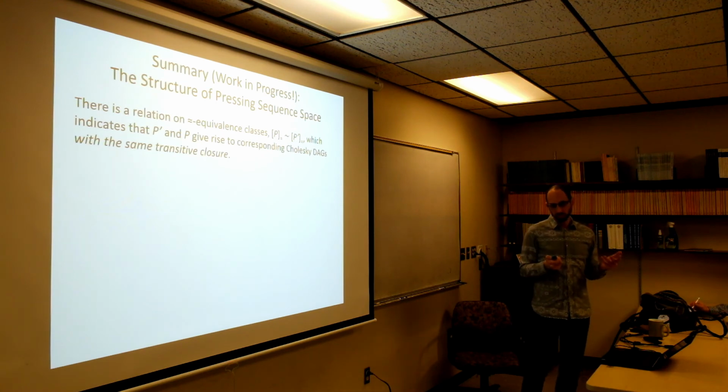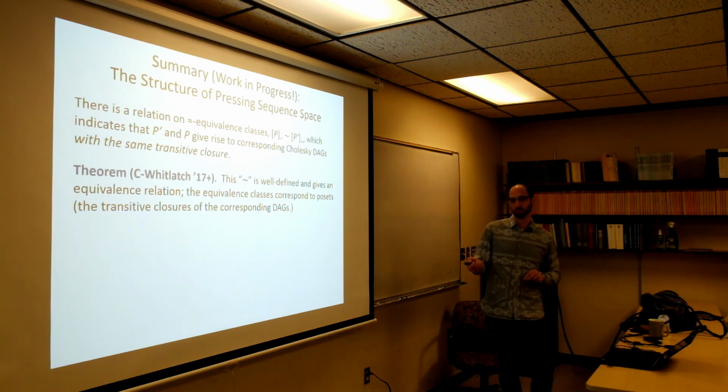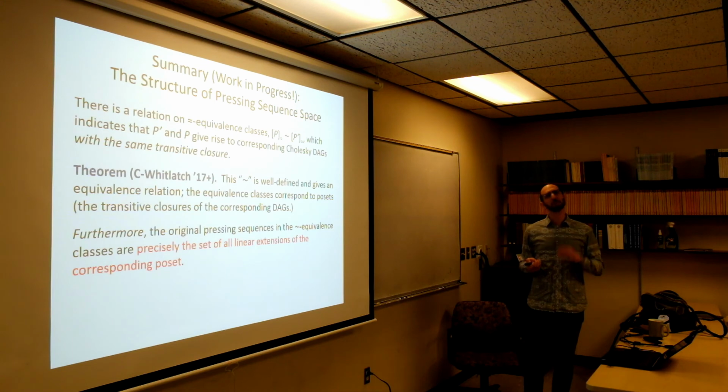Of course, two DAGs that have the same transitive closure, you just think of it as corresponding to the same poset. So really, these equivalence classes, which are well defined, are posets. They're posets that index these piles of pressing sequences. And you'll see some examples in a minute. This is getting sort of silly with the number of equivalence relations. I should comment, this is maybe the big punchline of this slide and the previous one.